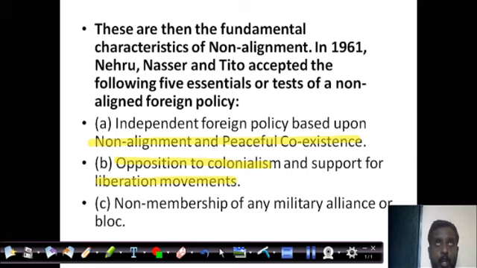So they also supported liberation movements in those countries. Third one, non-membership of any military alliance or bloc. The members of NAM are not going to be part of any military pact, whether it is NATO, Warsaw, or any other military pact.